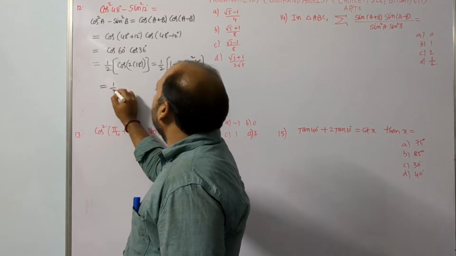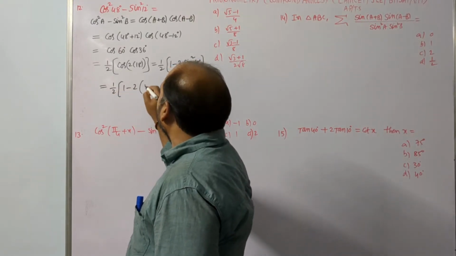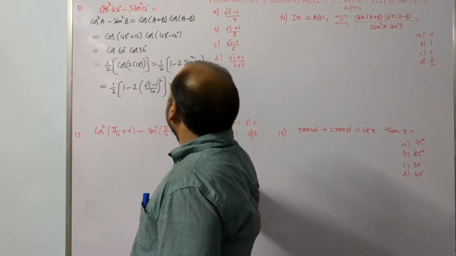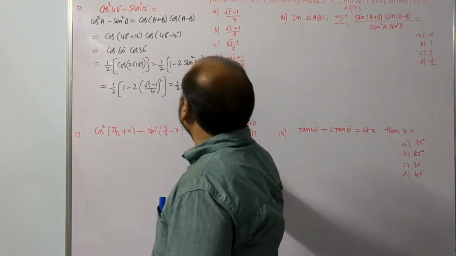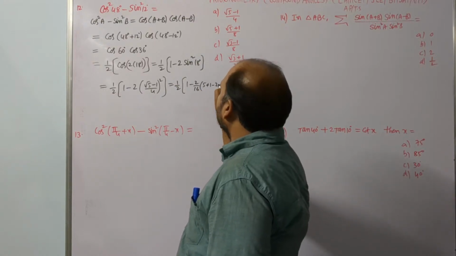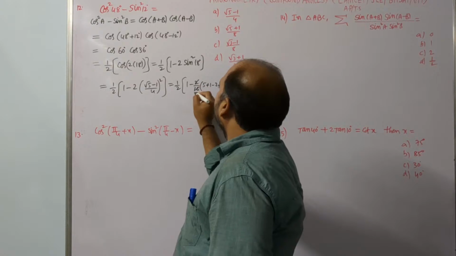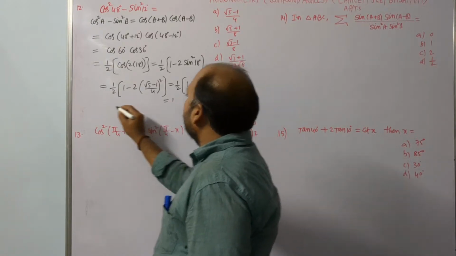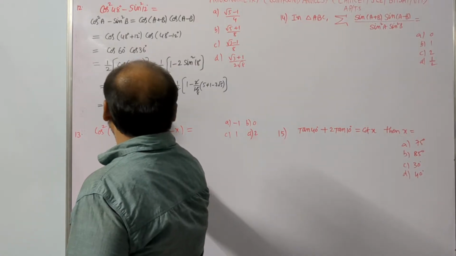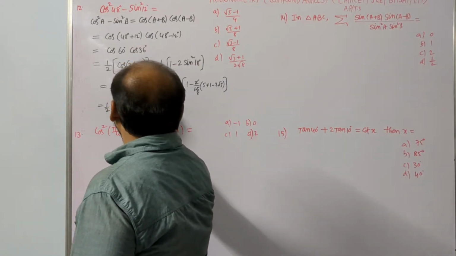So which is equal to 1 by 2 into 1 minus 2 into root 5 minus 1 by 4 whole square, which is equal to 1 by 2 into 1 minus 2 by 16, means it comes 5 plus 1 minus 2 root 5. So 1 by 2, 1 minus 1 by 8, 6 minus 2 root 5.